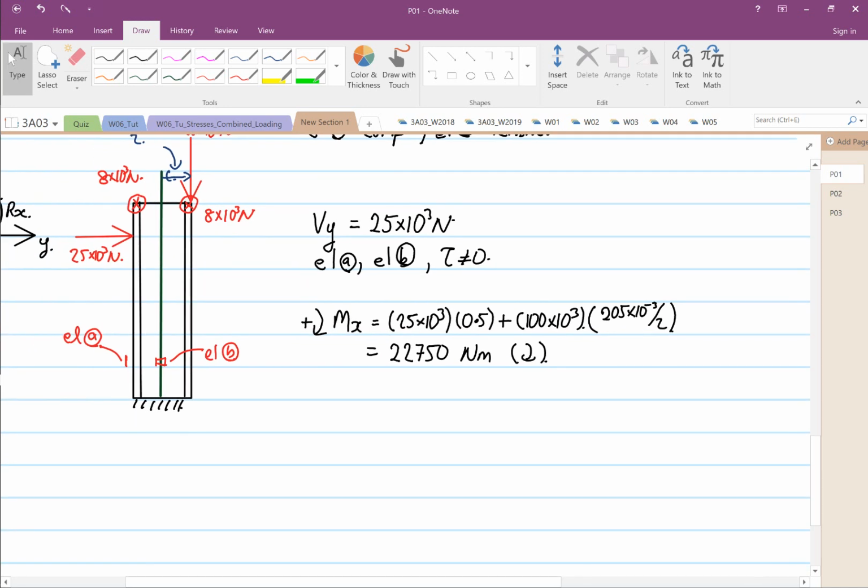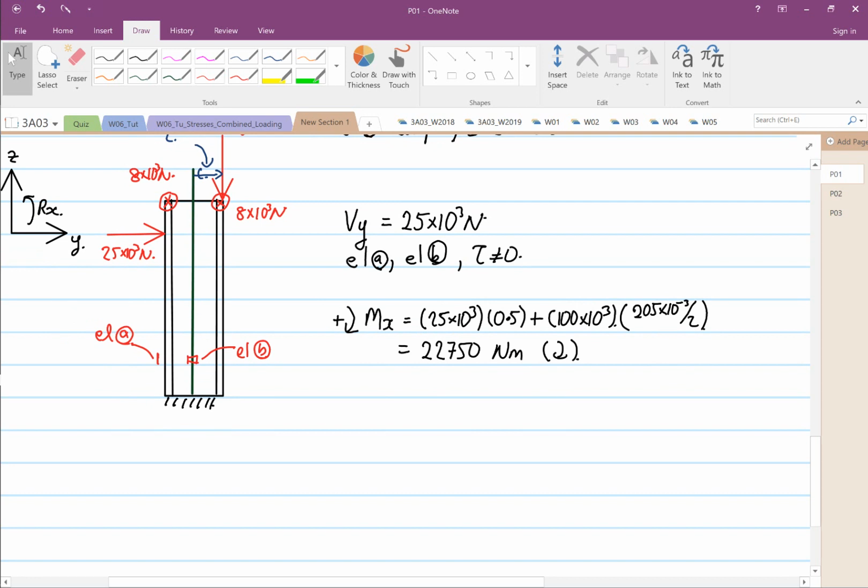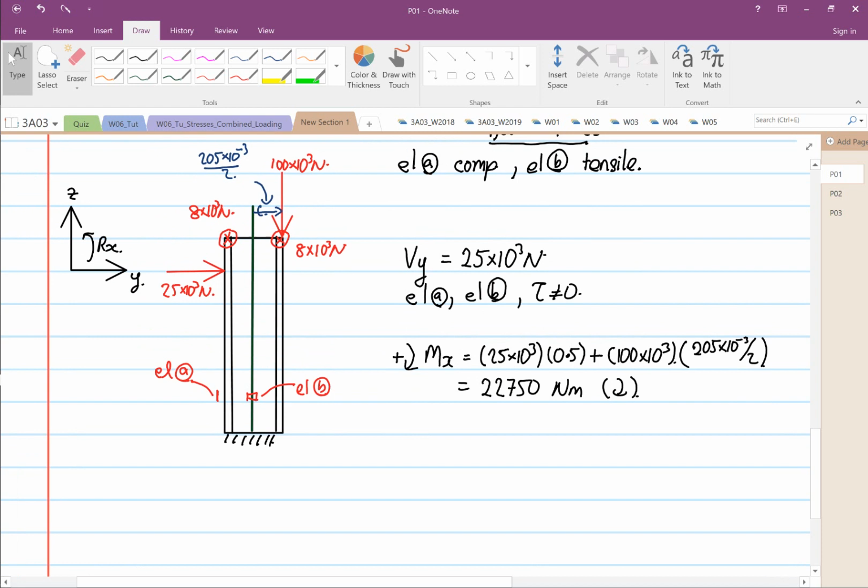Now you guys will be confused, when do I actually, why that distance, why not to the element? Okay, so if you look at the 25 times 10 to the power 3, moment is force multiplied by the perpendicular distance. So to the element over here is of interest. The perpendicular distance is this distance, right? So this is the perpendicular distance, and this is where we get our 0.5.